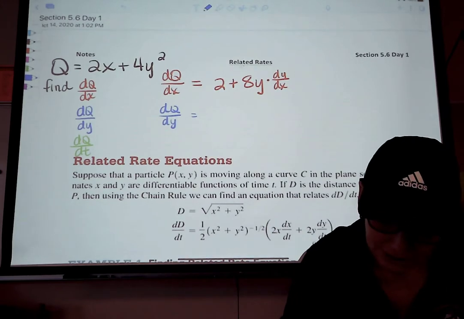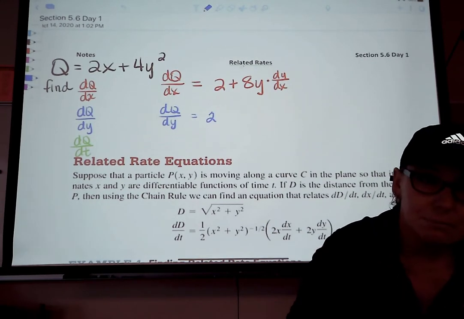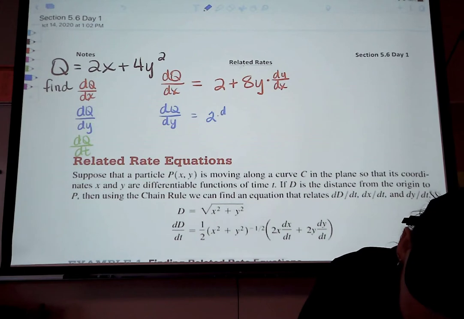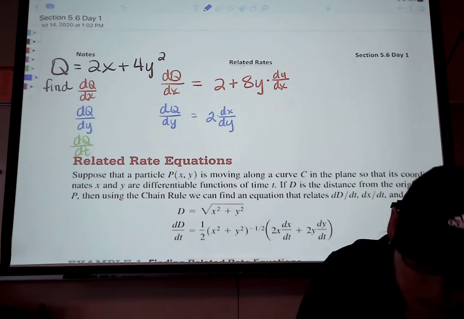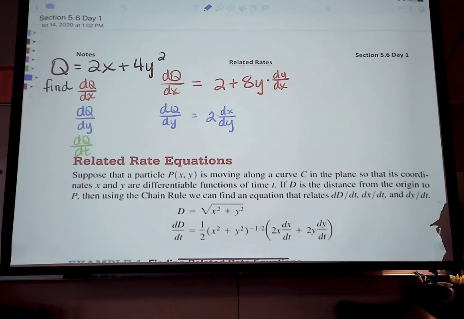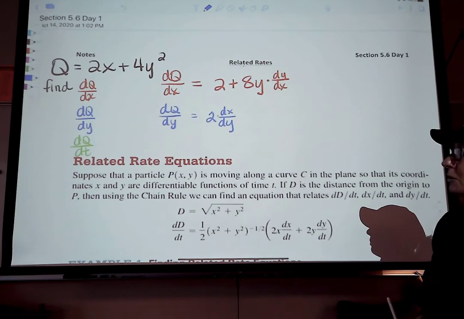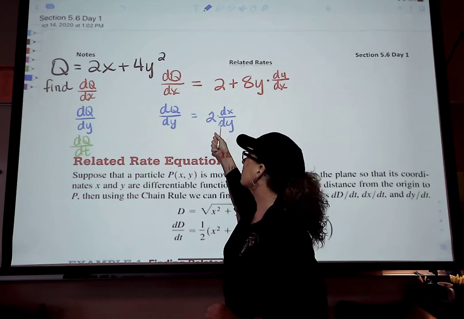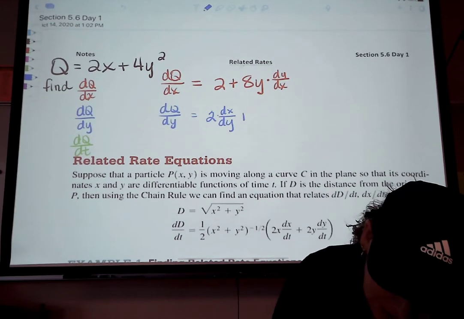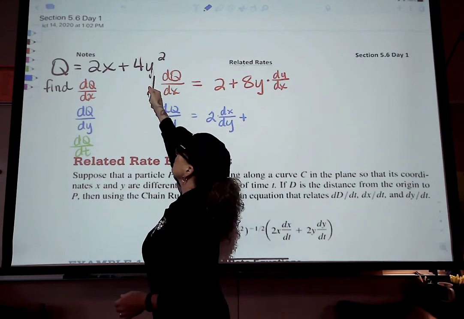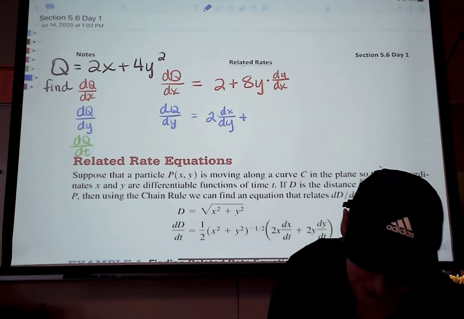The derivative of 2x is just 2. Back it up with the chain rule. The derivative of x with respect to y. That's weird. But we declared y as our variable, so this is how it's got to be done. Plus, now, since y is our variable, the derivative on the second term is easy. It's just 8y.